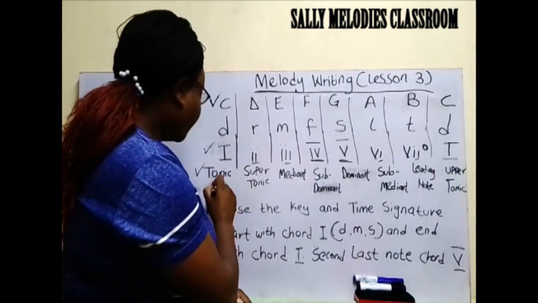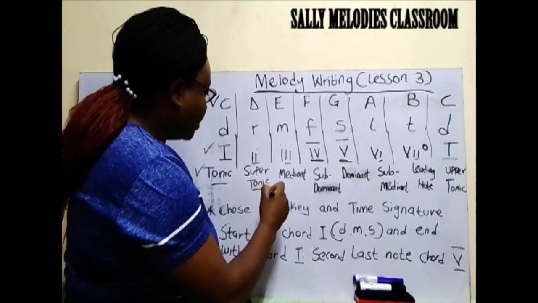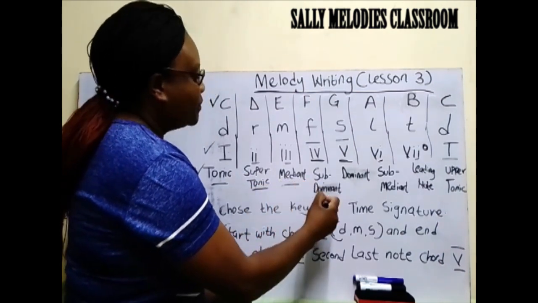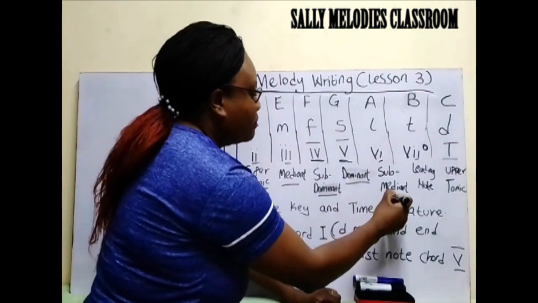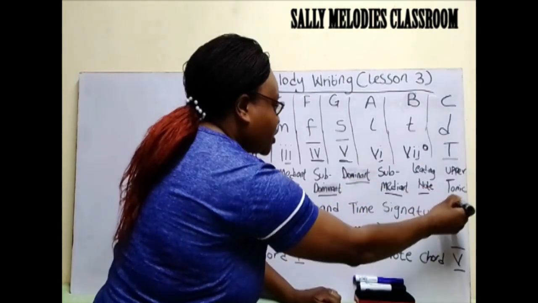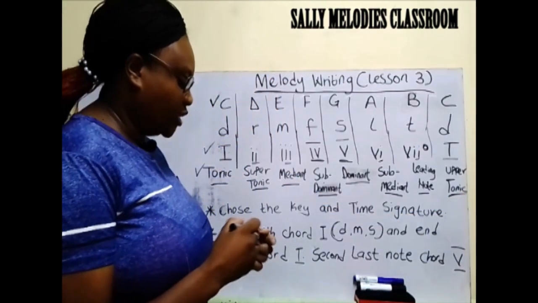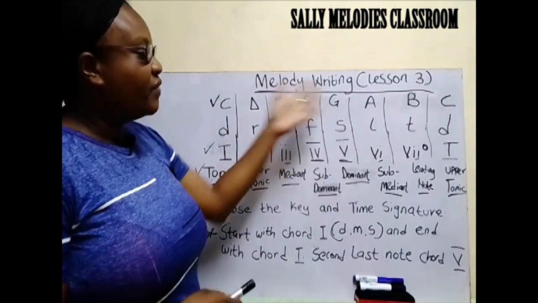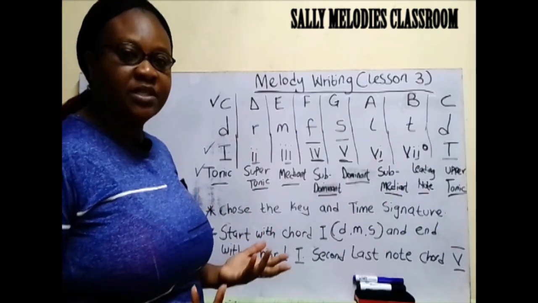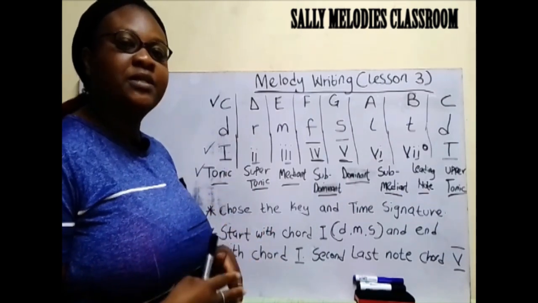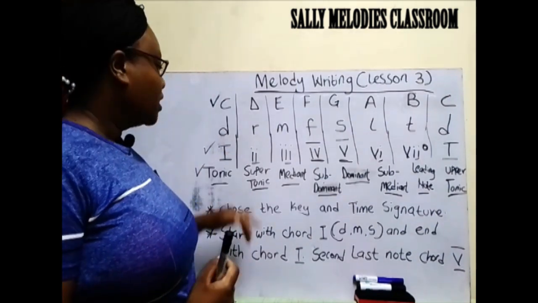We remind ourselves. We have the tonic, we have supertonic, we have the mediant, we have the subdominant, we have the dominant, we have the submediant, we have the leading note, and we have the upper tonic. They are all the same. It is only that something has 2 names. Something can be described in different ways.